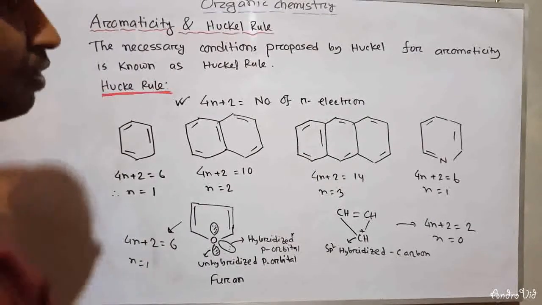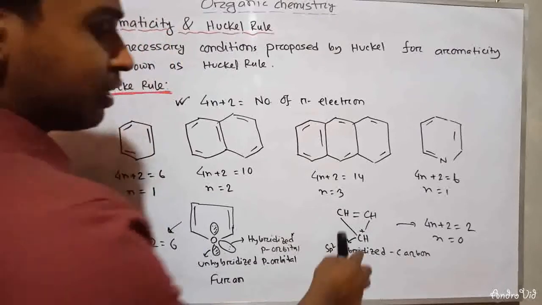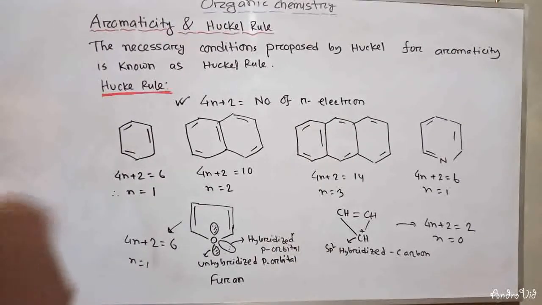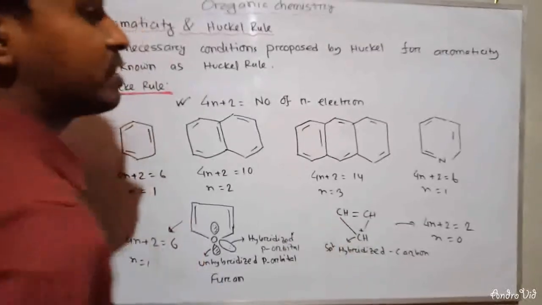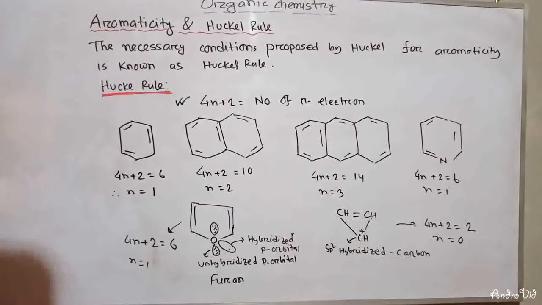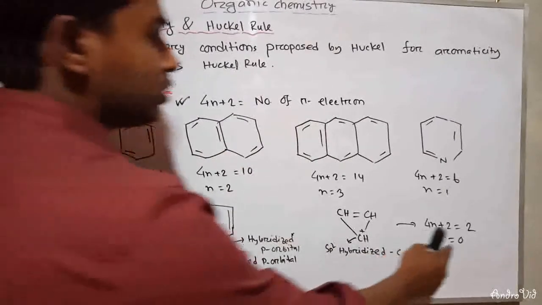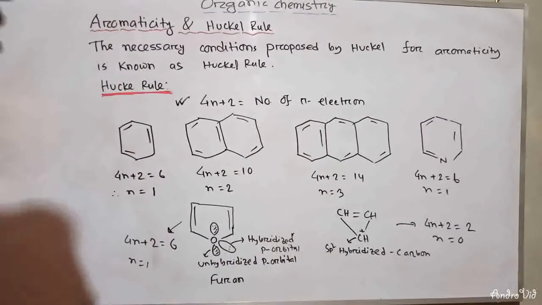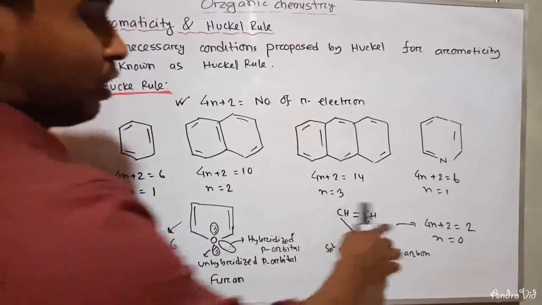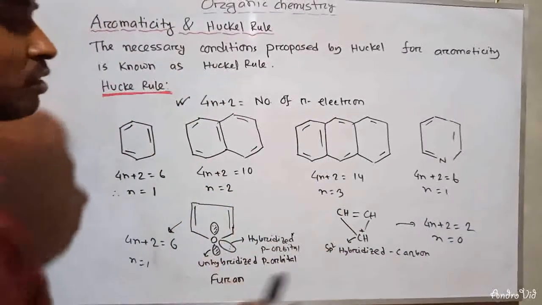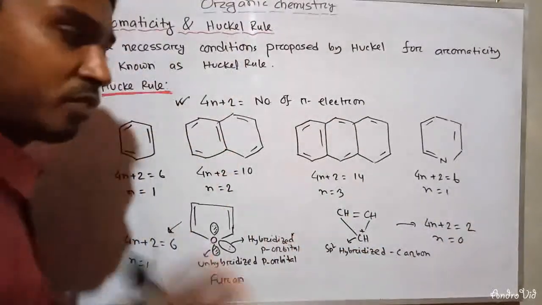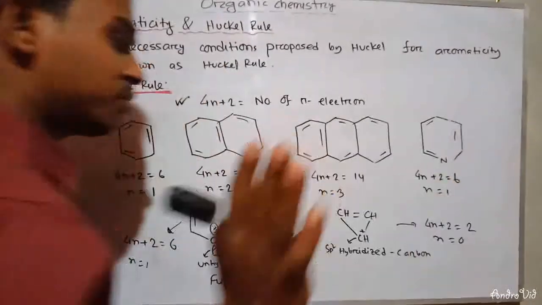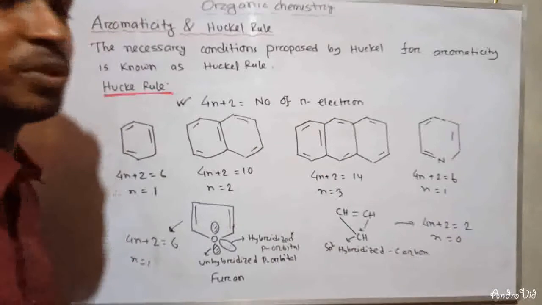If this carbon is not positive in charge, this carbon is sp3 hybridized. In that case, though it contains 2 pi electrons, it would not be an aromatic compound. But this is aromatic because the first concept is there: the number of pi electrons is 2 and the value of n is equal to 0. That's fine. At the same time all the carbons are sp2 hybridized.